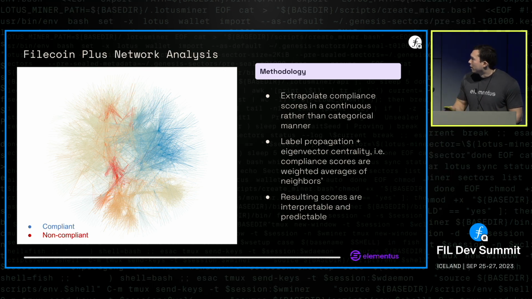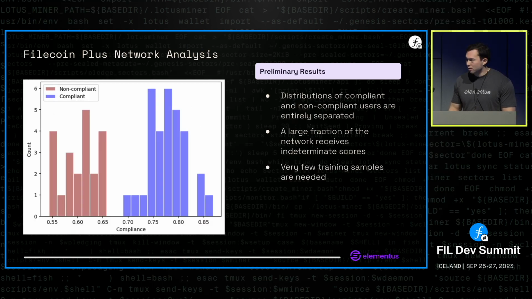So with these scores, we can test out the method on some unseen participants, and it looks pretty good. The point of this image is just to demonstrate that the compliant users and the non-compliant users have quite different distributions of scores, which are well separated.